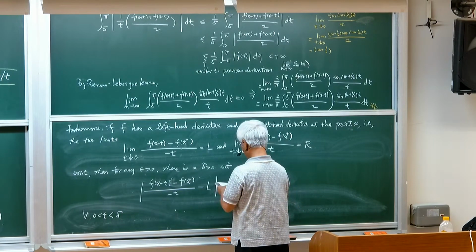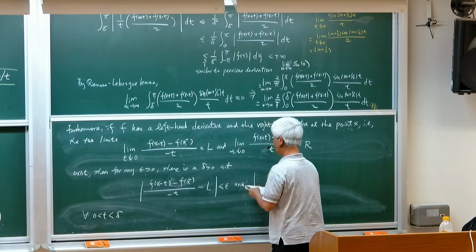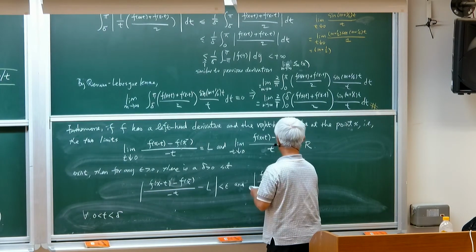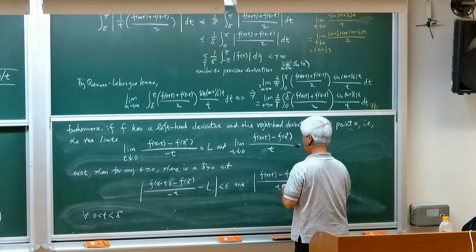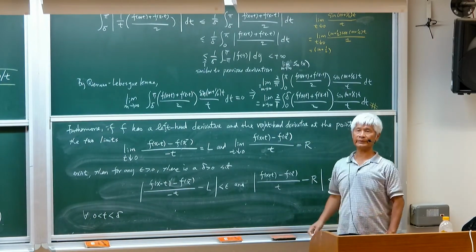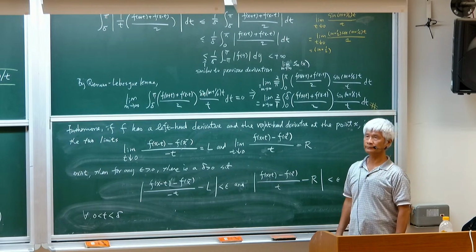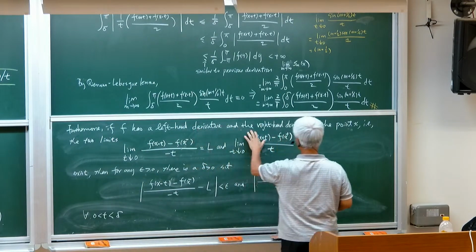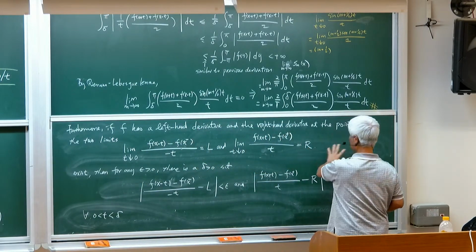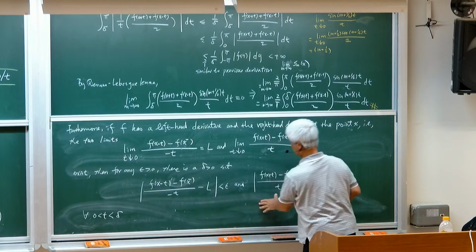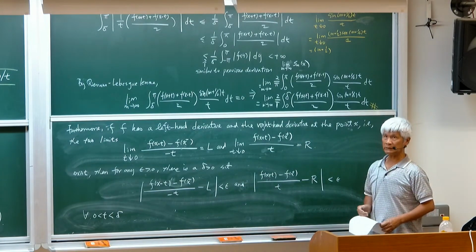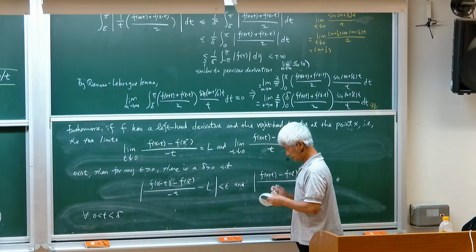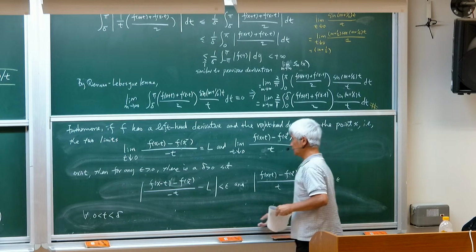And for this one, |(f(x + t) − f(x+)) / t − R| is less than epsilon. So if f has a left-hand derivative and a right-hand derivative at that point, then we have these two inequalities for every t between 0 and delta.